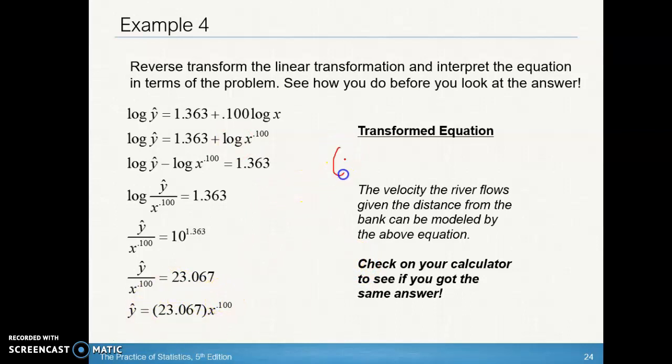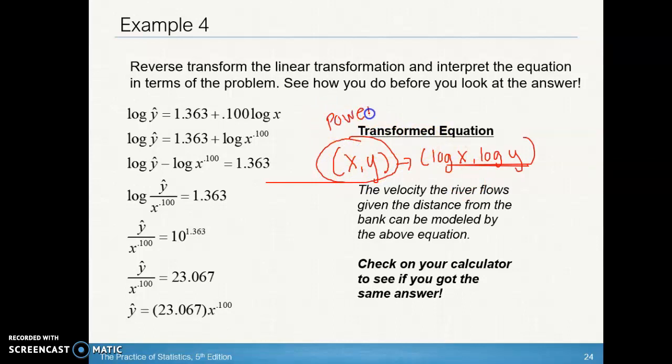So please keep in mind, you did x comma y. You knew that the log of x and the log of y transformed your equation. So what that's going to tell you is that this was a power equation. So remember, you're going to go to stat, and then you're going to go to calc, and then you're going to go to power regression.